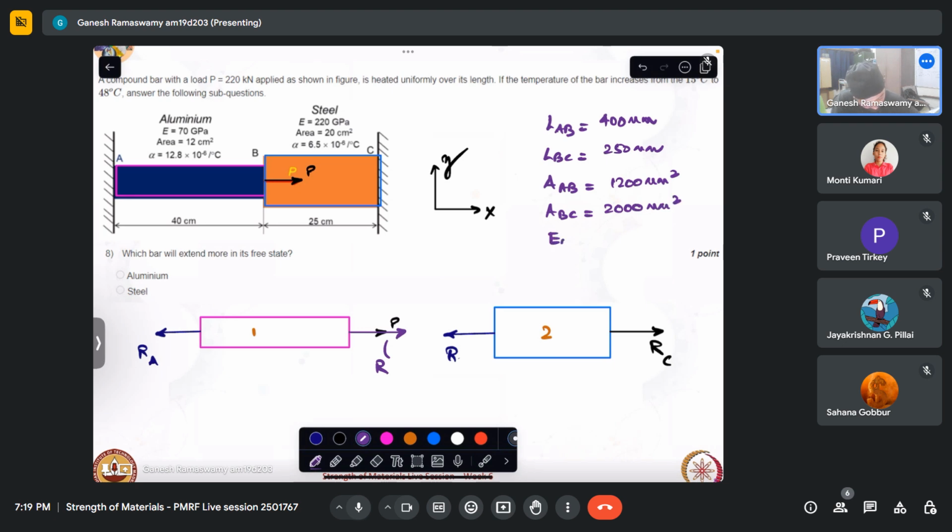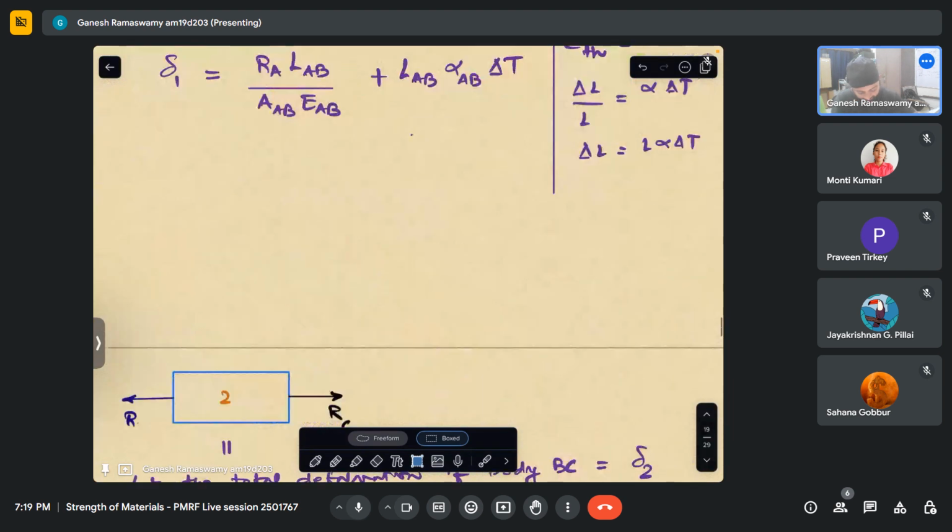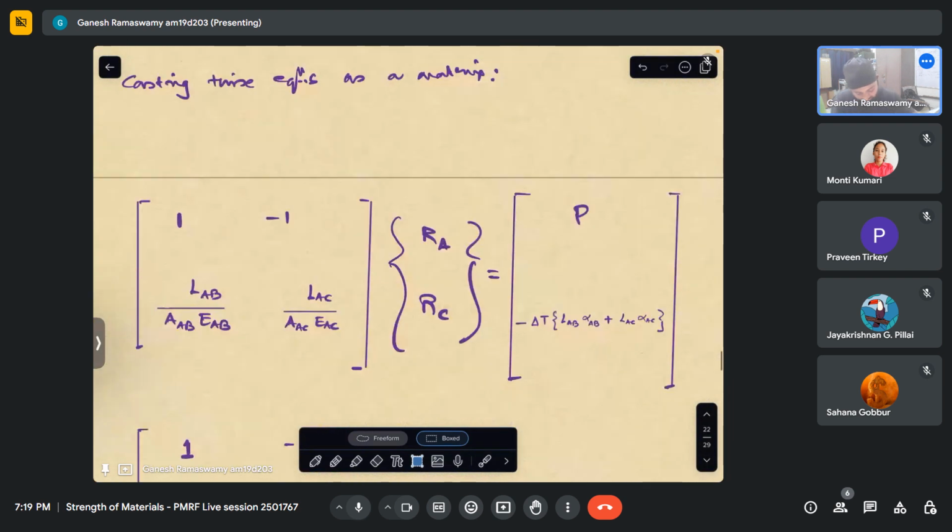E_AB it is nothing but steel. So this is, I'm sorry, this is aluminum. So this is 70E3 MPa. In fact, it would have been easier if I took this itself with me. Yeah, I think this will save a bit of time. Okay.